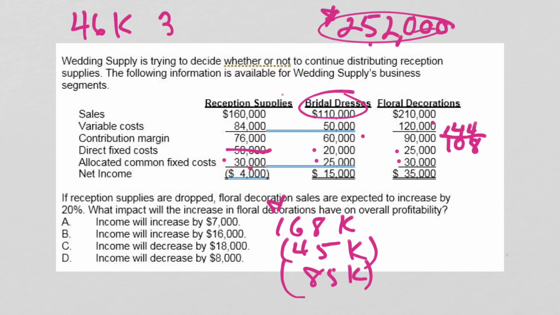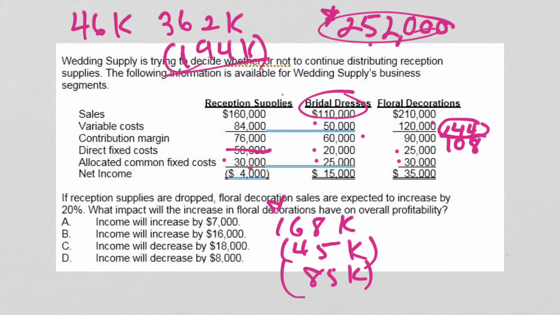That's 362 is the projected amount of sales, 362K, minus the variable 50 plus the 144, which we calculated out under the new sales amount. So 144 plus the 50 yields 194.